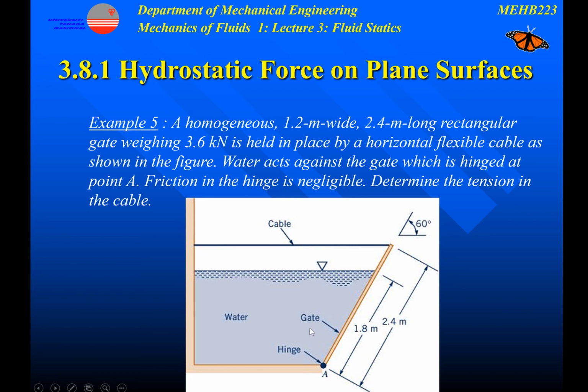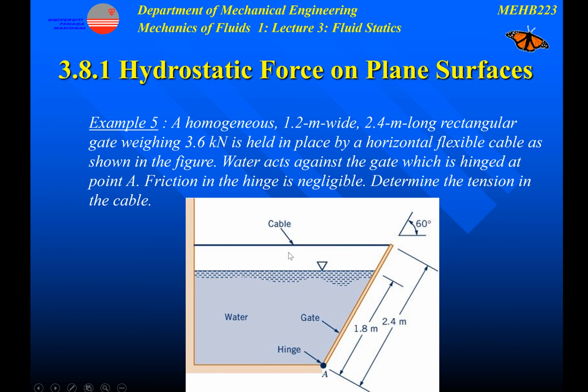The water here will give a pressure force onto this plane surface. This pressure force is called hydrostatic force. At the same time, we also have the weight of the gate, given as 3.6 kilonewton. You need to determine the tension in the cable.